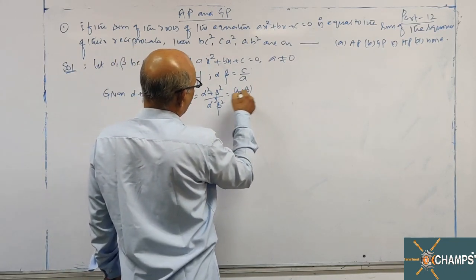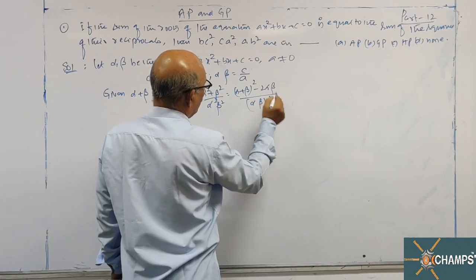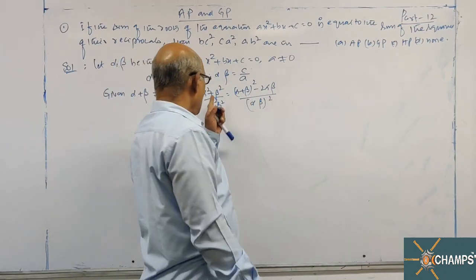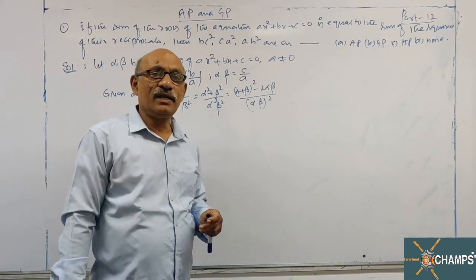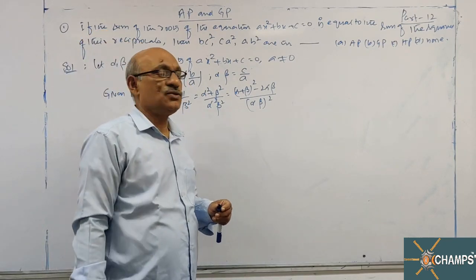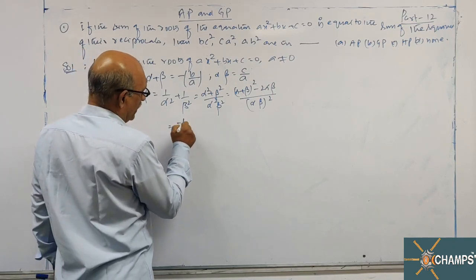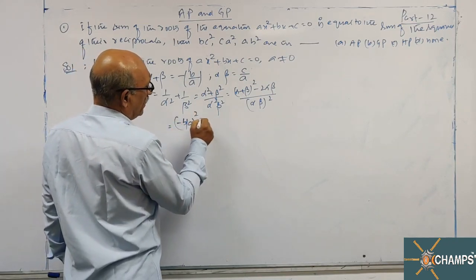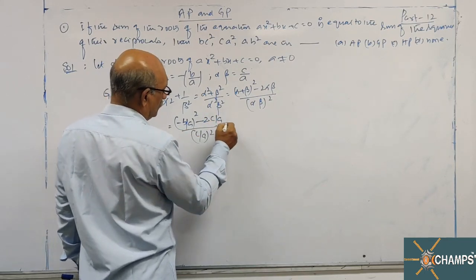This is alpha plus beta whole square minus 2 alpha beta by alpha beta whole square. Here numerator is of the type a square plus b square, which can be written as a plus b whole square minus 2ab. Alpha plus beta is minus b by a whole square minus 2 times c by a whole square.